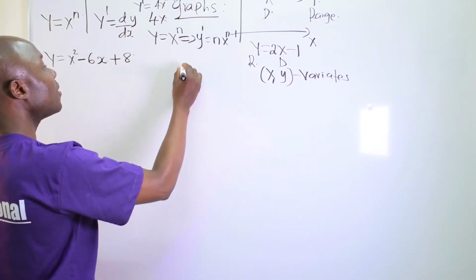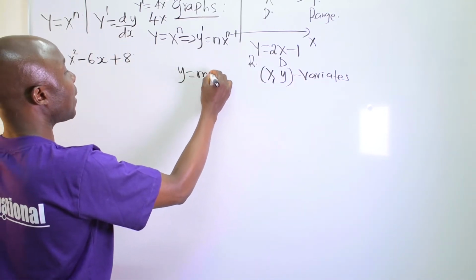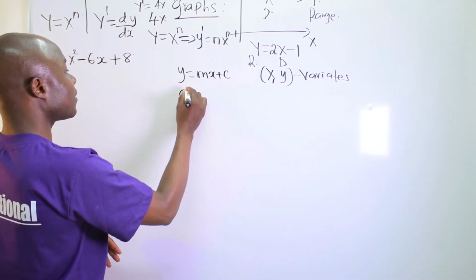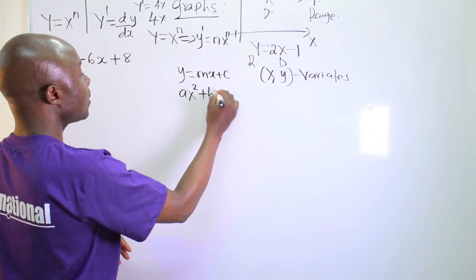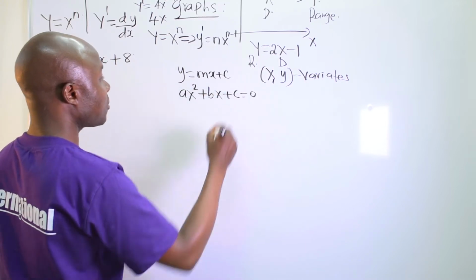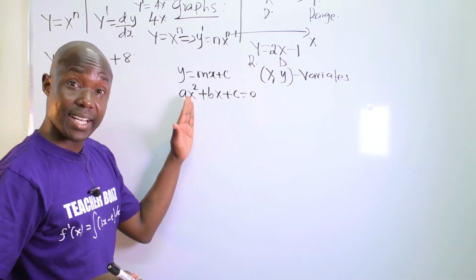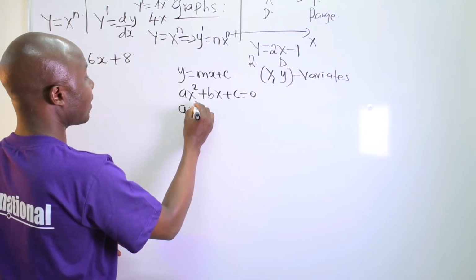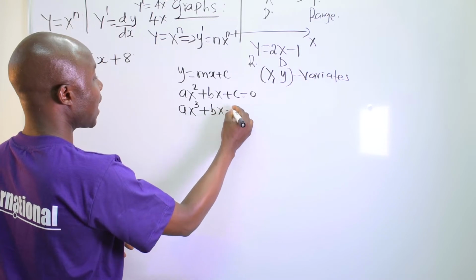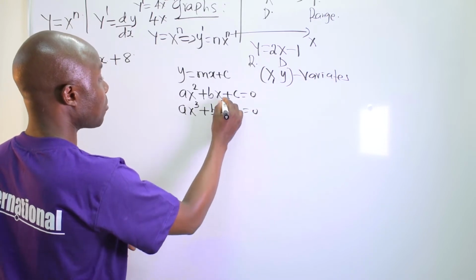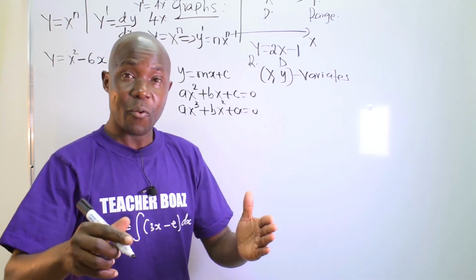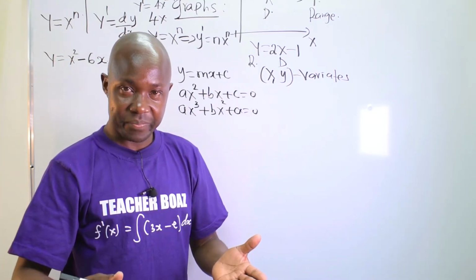An example, y is equal to mx plus c, where the maximum power was 1. Then they gave you an example, ax squared plus bx plus c is equal to 0. This was called a quadratic because the maximum power was 2. Then you are given ax cubed plus bx squared plus cx, and all that. When the maximum power was 3, we call it a cubic.